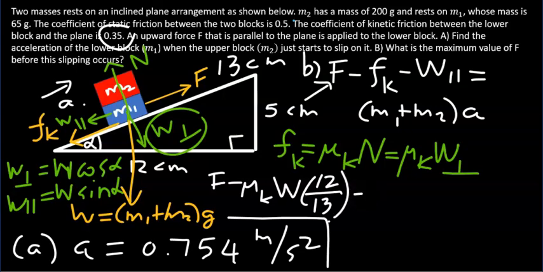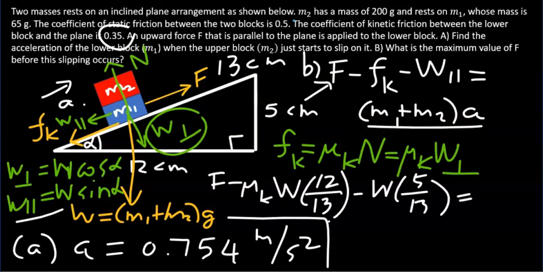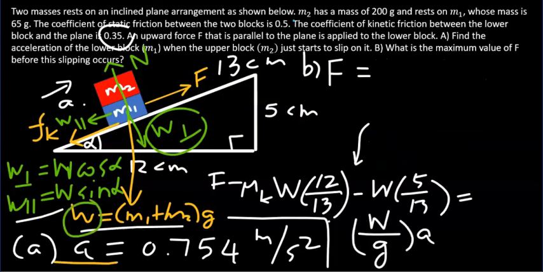Minus W parallel, so minus W sine alpha. Sine alpha is 5 over 13. And that equals M1 plus M2, which is just W over g, times the acceleration. So we know everything in this line, and we can determine the maximum force.